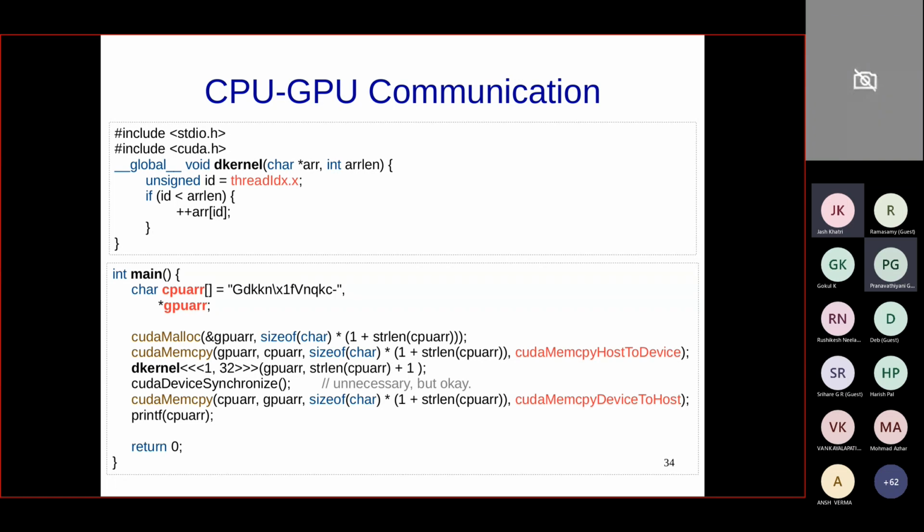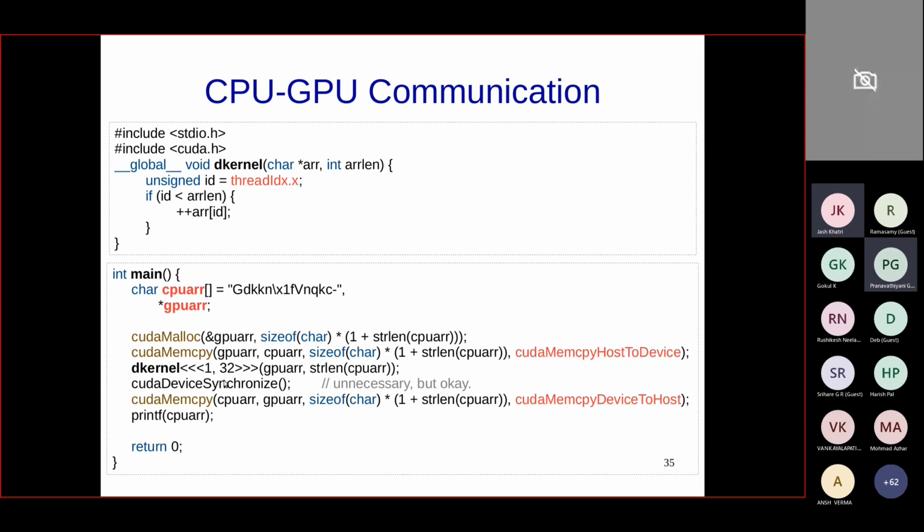The correct code is: we need to remove this +1. Now if you run this code, it will give hello world as the output, because essentially what this code is doing is incrementing each and every character of this string. This character array is first declared and allocated on the GPU, then it's copied from CPU to GPU, then each character is incremented, and you will see that it becomes hello world.